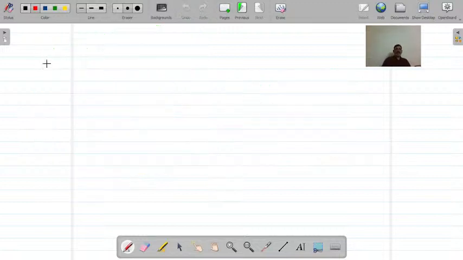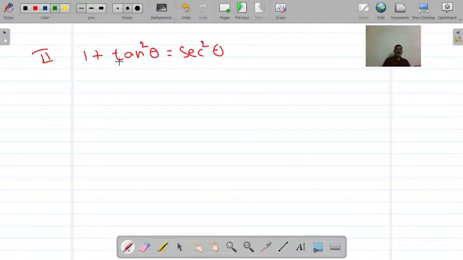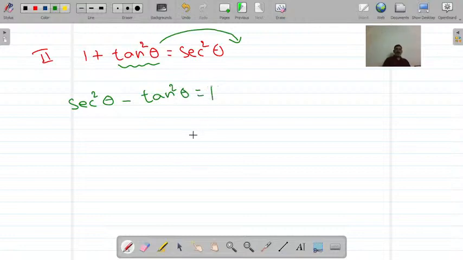And what is the second one? Yes, 1 plus tan square theta is equal to secant square theta. Now the interesting fact, if I send this tan square theta to the other side, then I get secant square theta minus tan square theta equal to 1. Now you observe it is resembling a square minus b square.